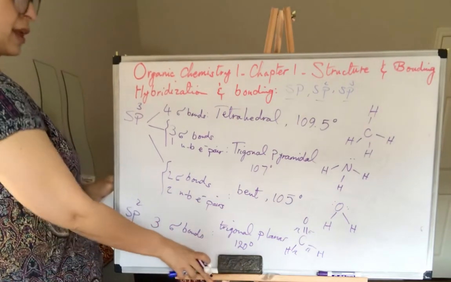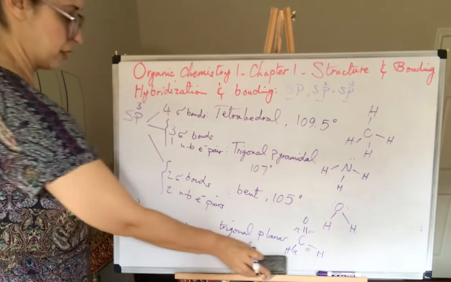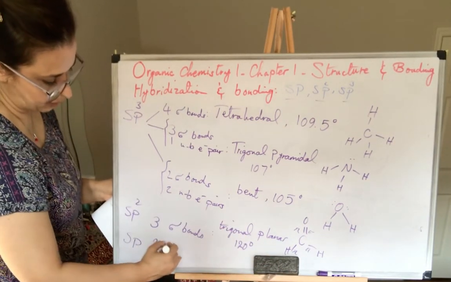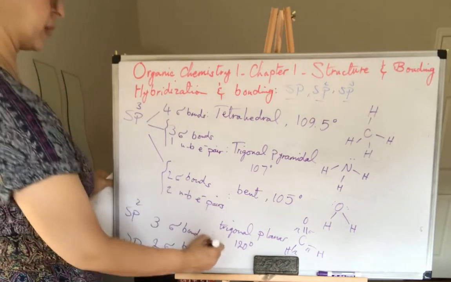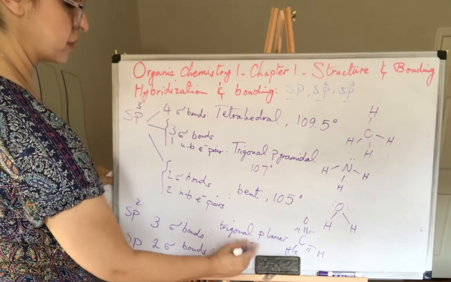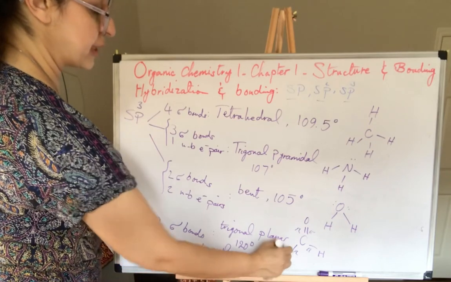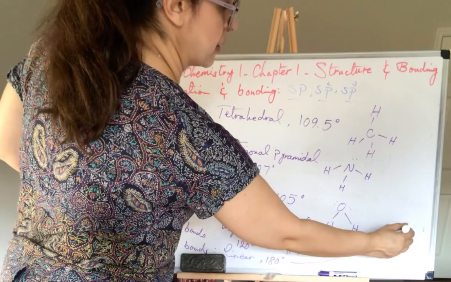And finally, for an sp hybrid, when you have 2 sigma bonds, or 1 sigma, 1 non-bonding pair, the shape is linear. For a linear, you have 180 degrees angle, and the shape can be something like this.